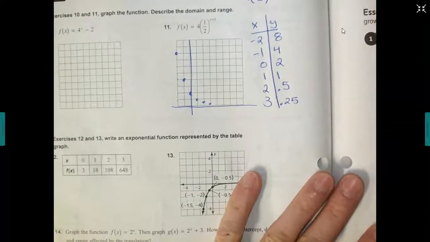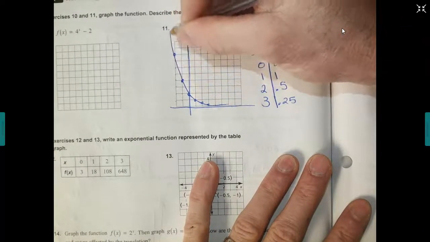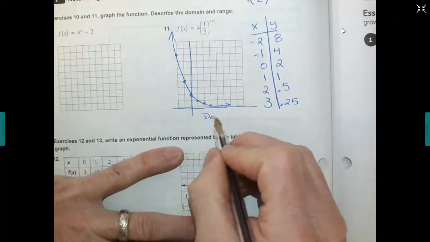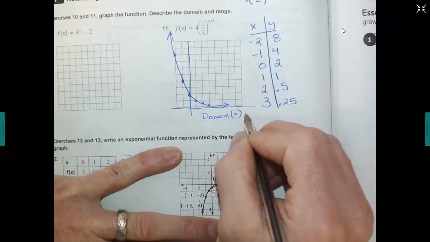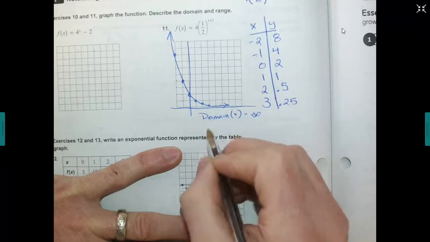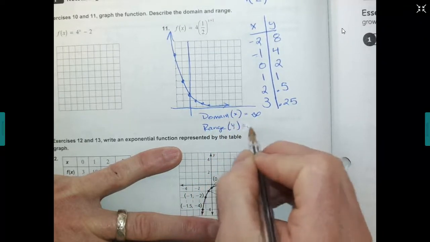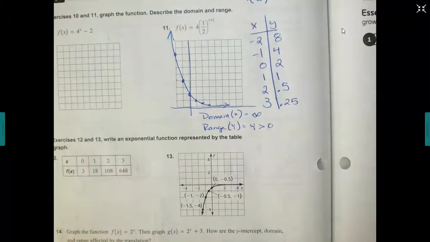So there is my graph. My domain, which is my x values, is all numbers, and my range, which is my y values, is y is greater than 0.